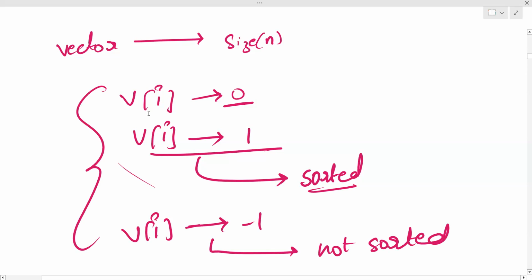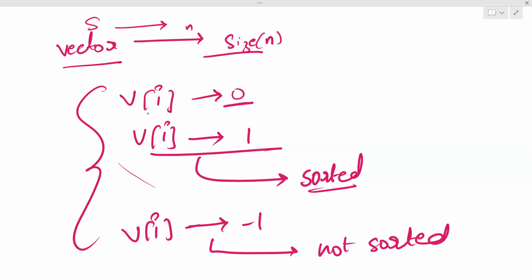So along with my string s, which is of size n, I'll maintain a vector of size n, and if v of I is 0, I don't know for sure whether it's sorted or not sorted. It can be anything at this point. If v of I is 1, then I definitely know that up till this point, the elements in the array are completely sorted.